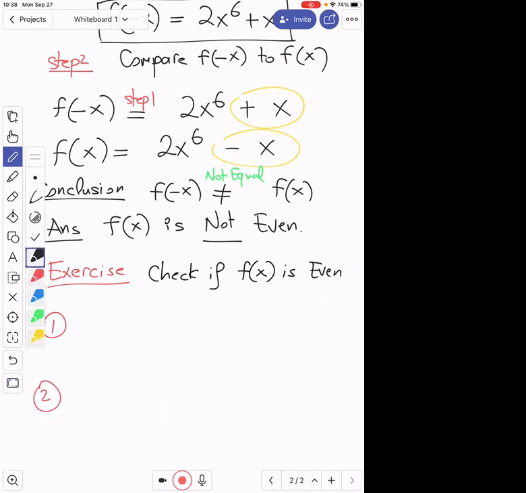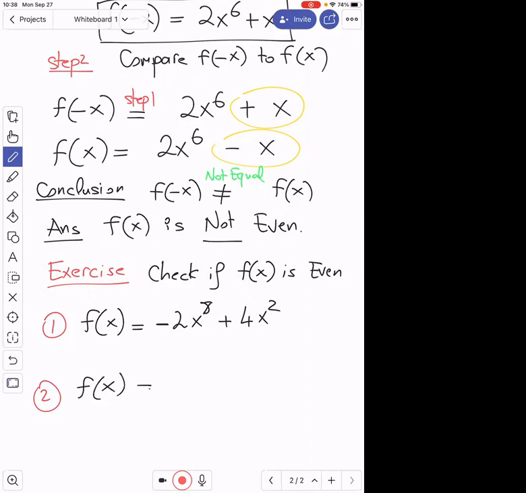First function: f of x is negative 2x to the power 8 plus 4x squared. Number 2: f of x equals minus x power 10 minus 1.